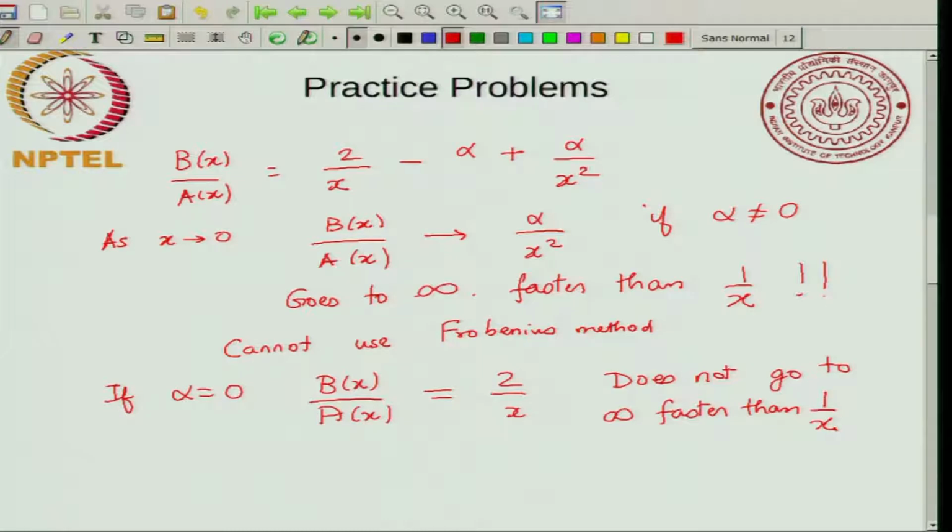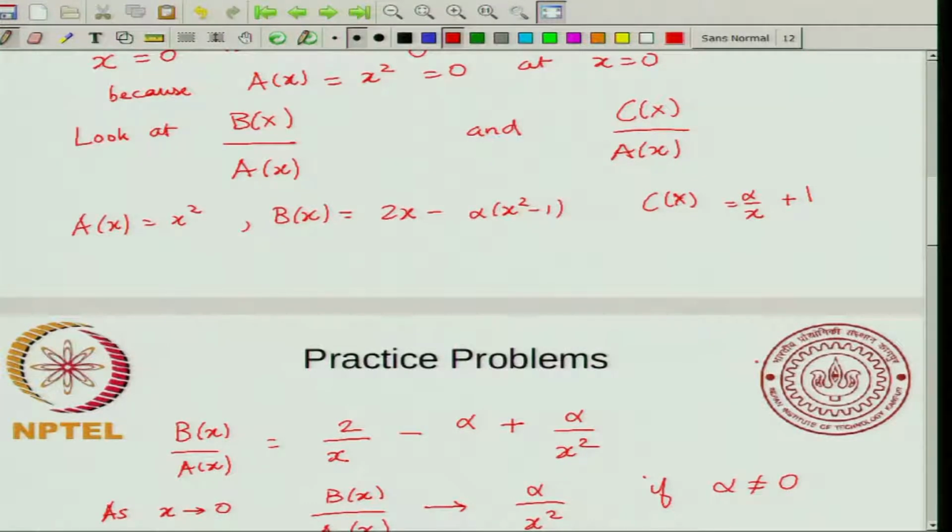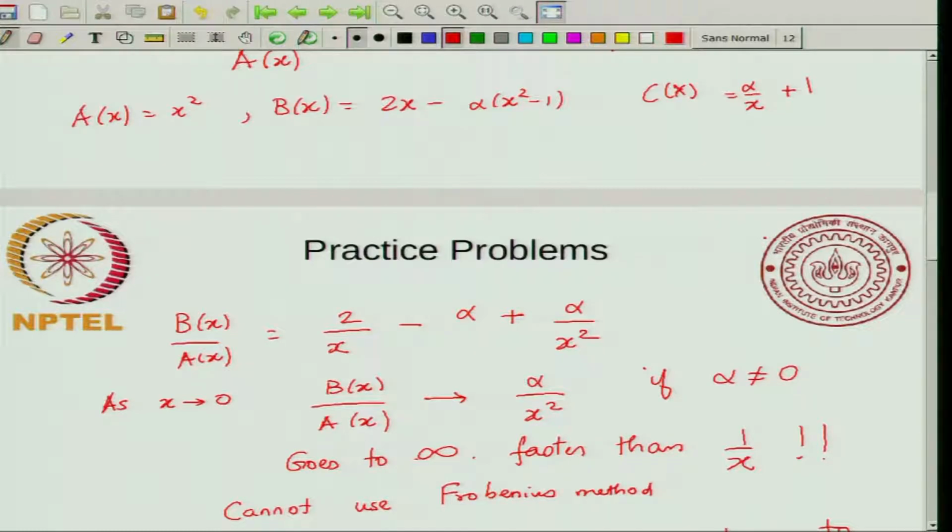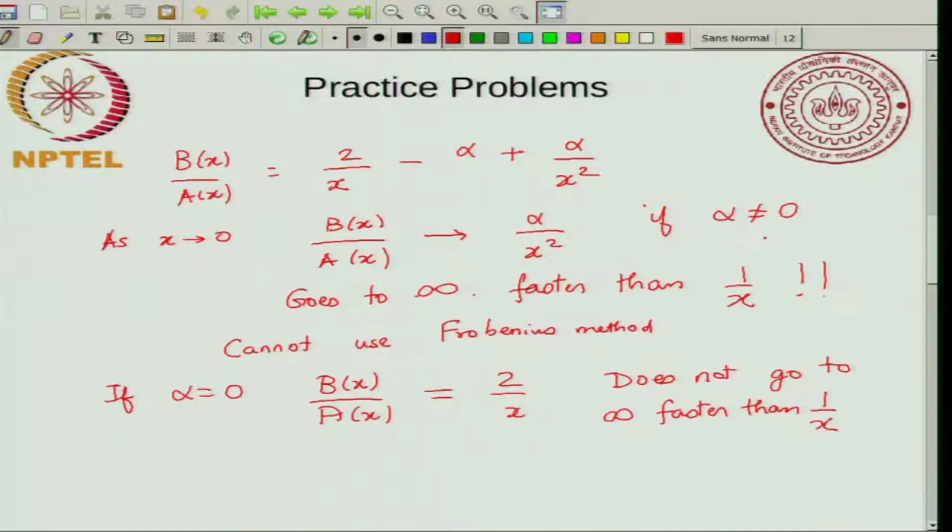So if alpha equal to 0, it appears that at least b by a is fine. What about c of x by a of x? So c of x is alpha by x plus 1. Now, if alpha equal to 0, then it is just 1.